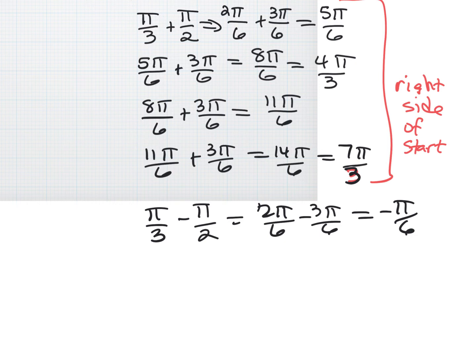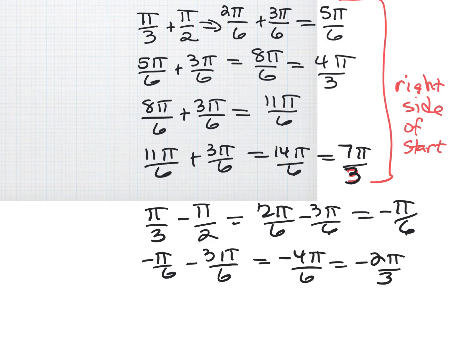And then again, take that answer. Again, subtract the pi over 2, but with the common denominator, remember it's 3 pi over 6. So negative 4 pi over 6 simplifies to negative 2 pi over 3.